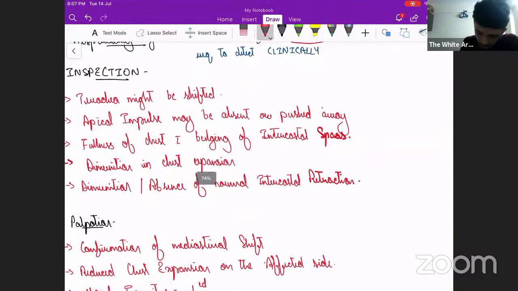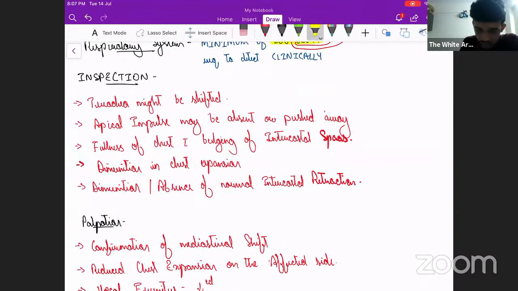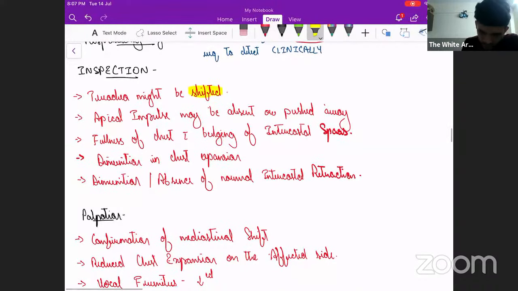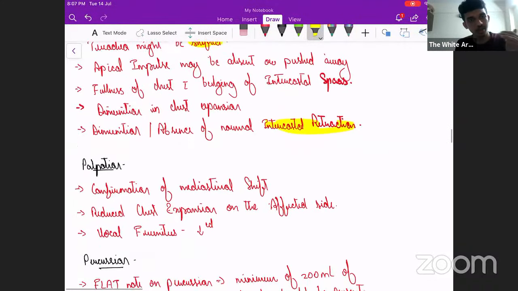Very important point. Next, inspection. What do you find? Whatever Pawan told: trachea might be shifted, apical impulse can be pushed away to the side opposite the pleural effusion. Fullness of the chest with bulging of intercostal spaces can be there, diminution of chest expansion, and diminution or absence of intercostal retraction. These are the findings you expect on inspection.